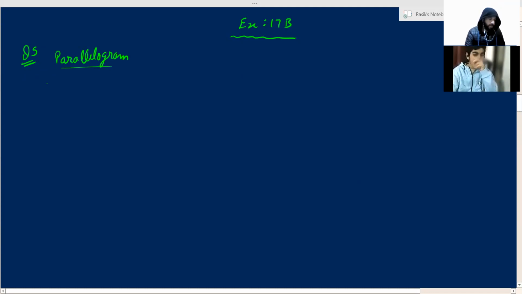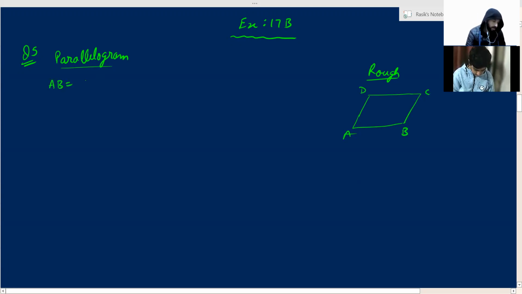Let's draw a rough figure, and we are going to name it ABCD. One of the sides, that means AB, is 4.4 centimeters. Then the lengths of both the diagonals are given, 5.6 and 7 centimeters.